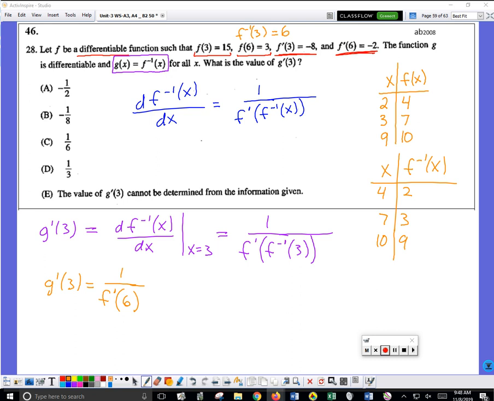Tori. f prime of 6 is -2, so g prime of 3 is -1/2. Who saw it? 2 points, 3 for Tori. Perfect. You want to talk more? Perfect. Cool. This is so easy.